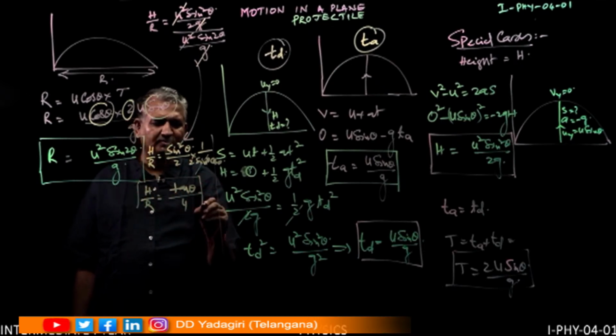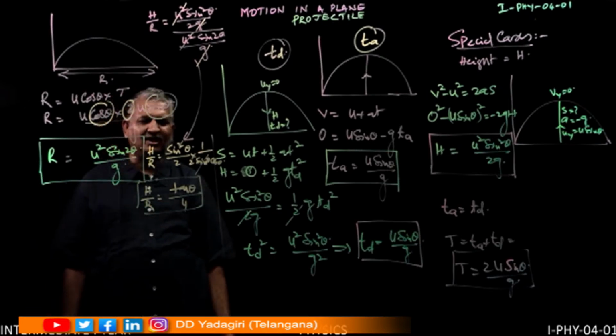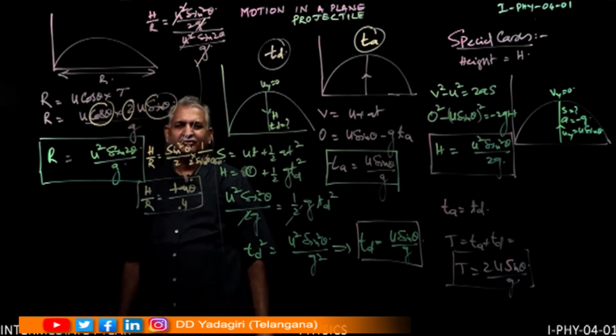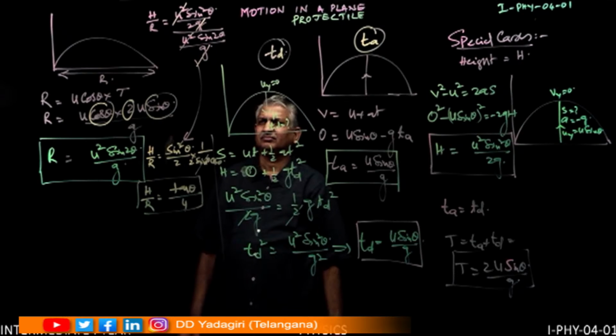So this is the formula. h by R is equal to tan θ by 4, a special case of this one.